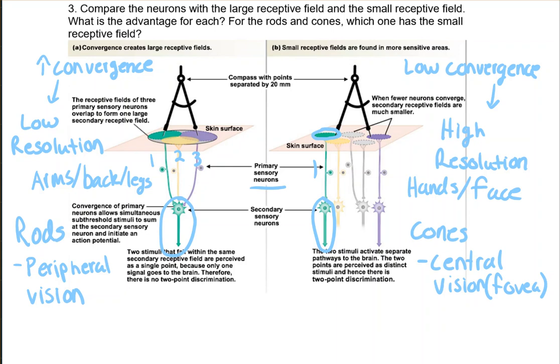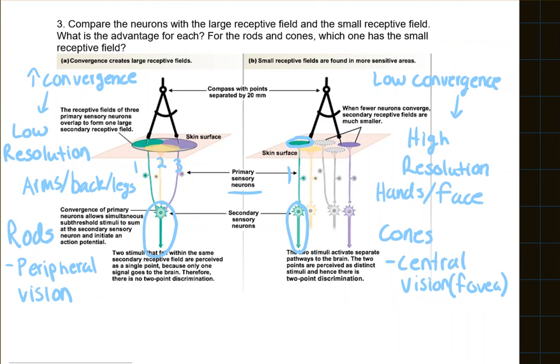You don't see very clearly with your peripheral vision, and that's okay, because our peripheral vision is really only meant to pick up motion and light and changes in light. So if we can identify motion in our periphery, then that's good enough. That's really all we need our peripheral vision for. But in our central vision, we need to be able to identify distinct colors, and we need to be able to identify things very clearly. So that's the difference between rods and cones in terms of receptive fields.